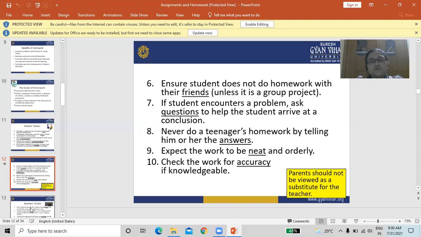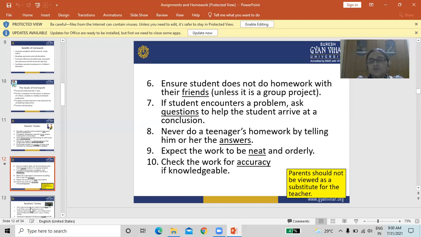If knowledgeable, parents help their children complete the assignment. They provide only facilities to their children.